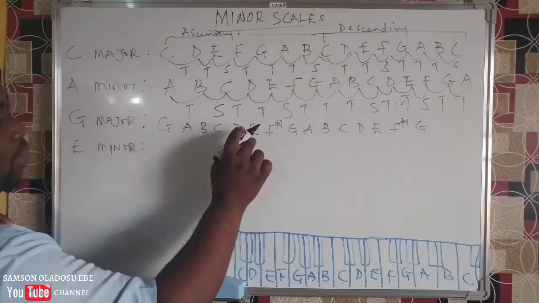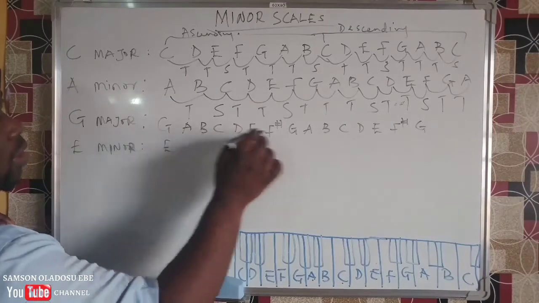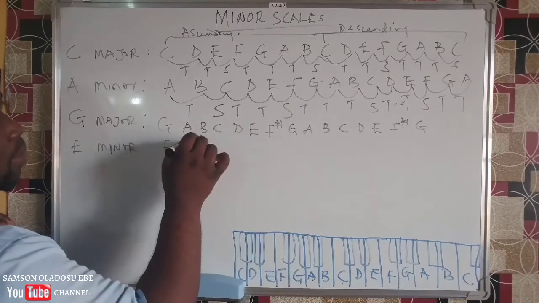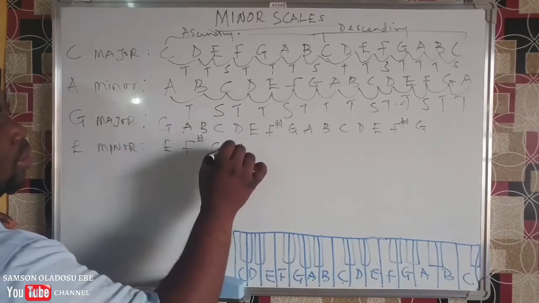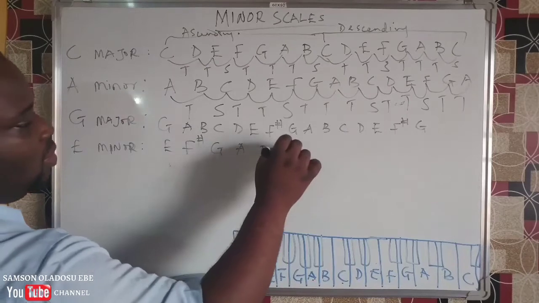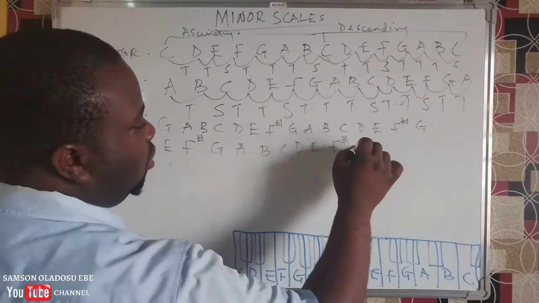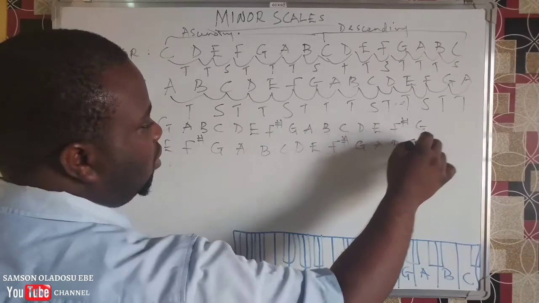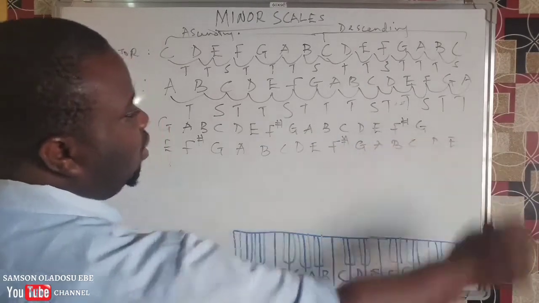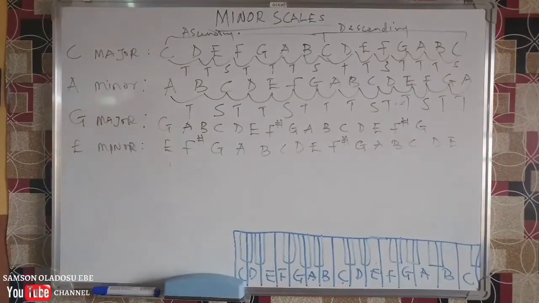You're going to start from E. That's E, F sharp, G, A, B, C, D, E, F sharp, G, A, B, C, D, and E. Okay, so this is the scale of E minor.